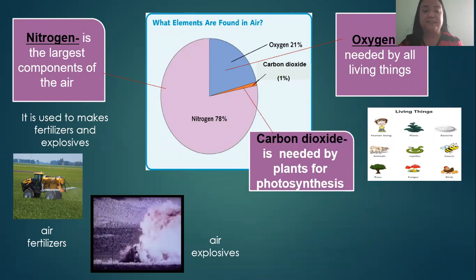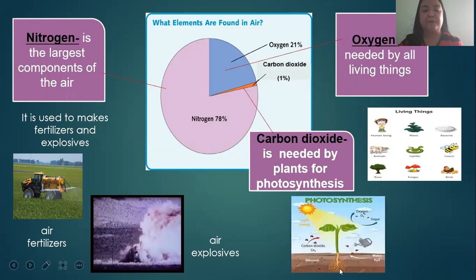Carbon dioxide is needed by plants for photosynthesis. So the plants make food from it. Okay, so now these are the different kinds of elements found in air. So elements are nitrogen, oxygen, and carbon dioxide.